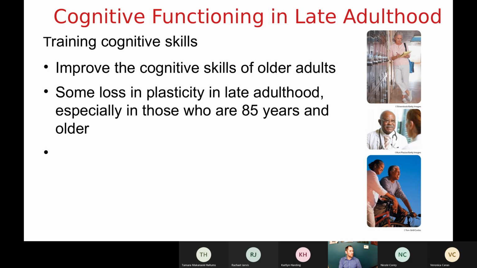On average, if you're not training or doing things to improve your cognitive function, people 85 years and older are when we start to see the sharp decline. For physical abilities, at 65 we see a little decline, at 75 a lot more, and at 85, if you're not doing anything specific, you'll start to see declines in cognitive capacities.